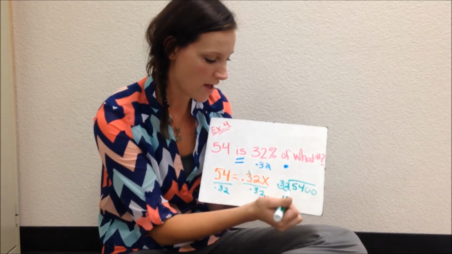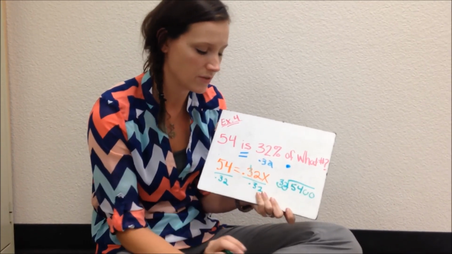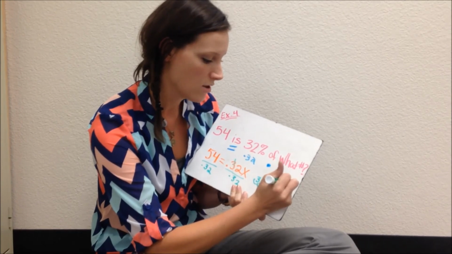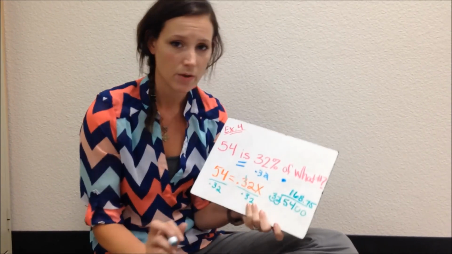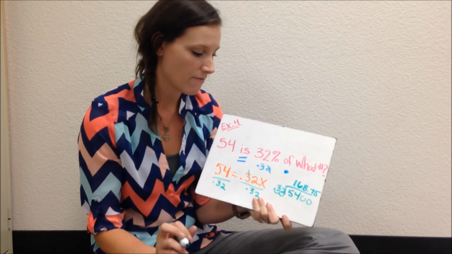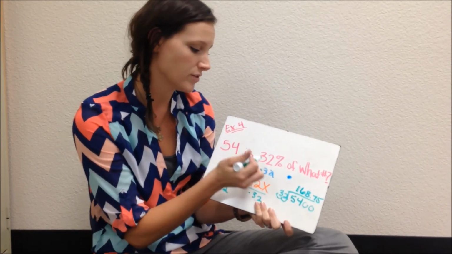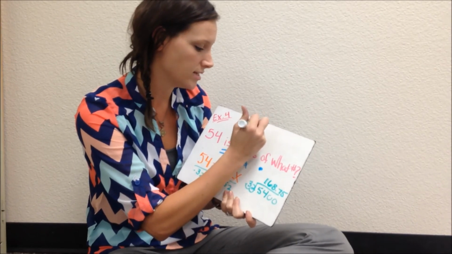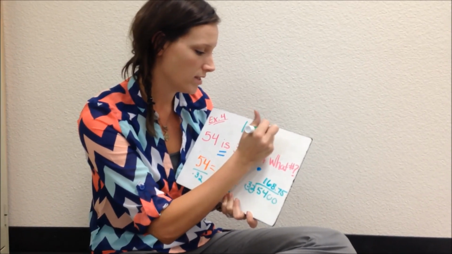When I go ahead and divide 0.32 into 5400, I get 168.75. Okay, so my final answer, 54 is 32% of what number? That number is 168.75.